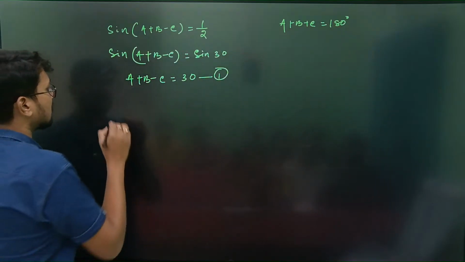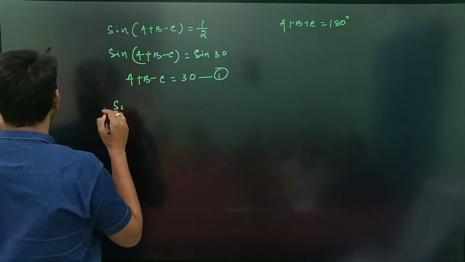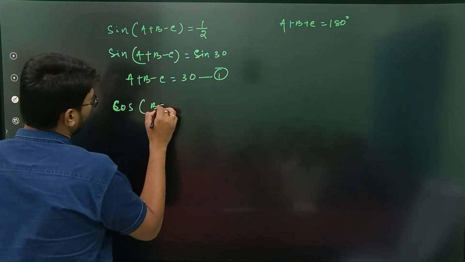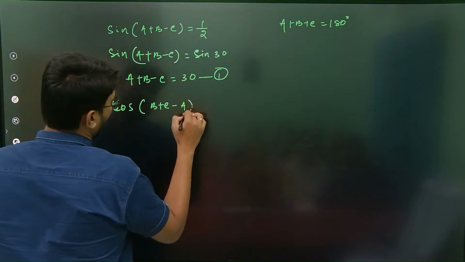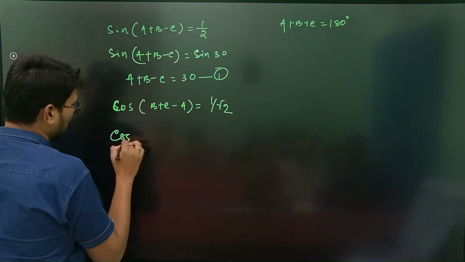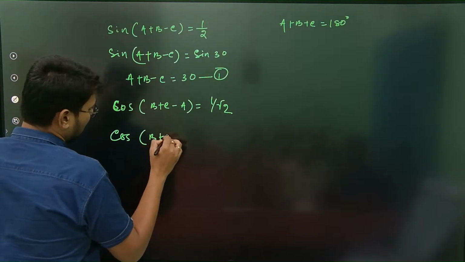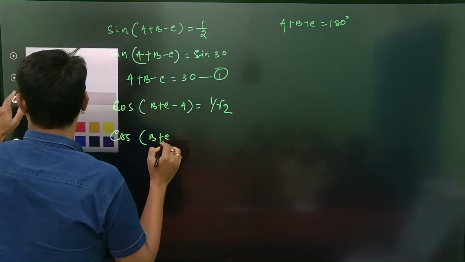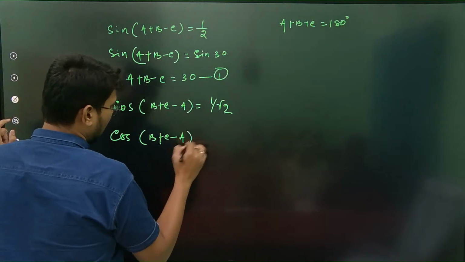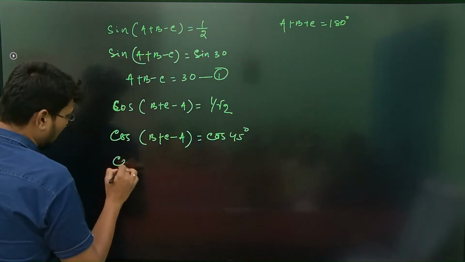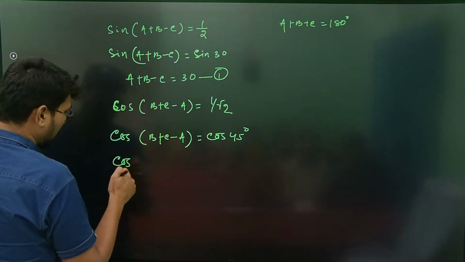Okay, another one, what is given? Cos of B plus C minus A is 1 by root 2. So which value of cos is 1 by root 2? 45. So cos of B plus C minus A equals cos 45.